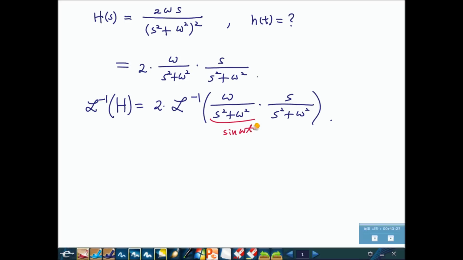Sine omega t, right? This is cosine omega t. Then what? So h of t is 2 times sine omega t star cosine omega t.